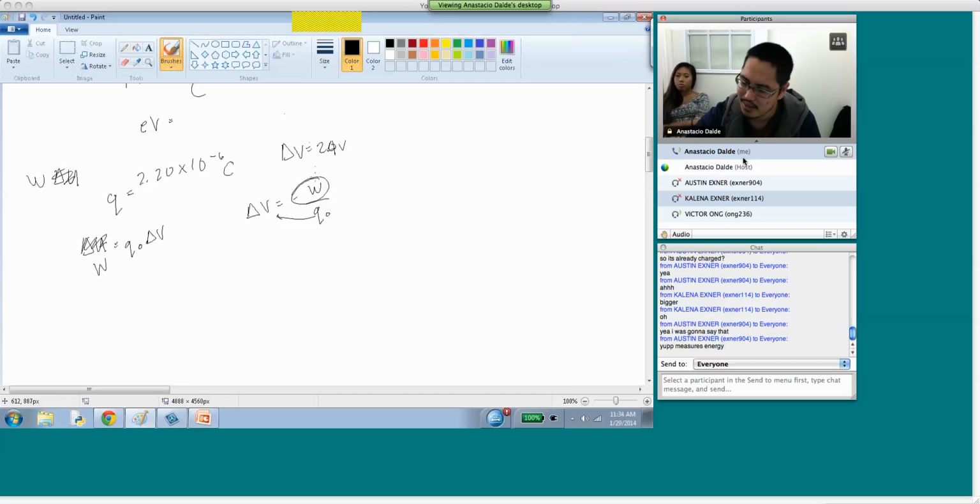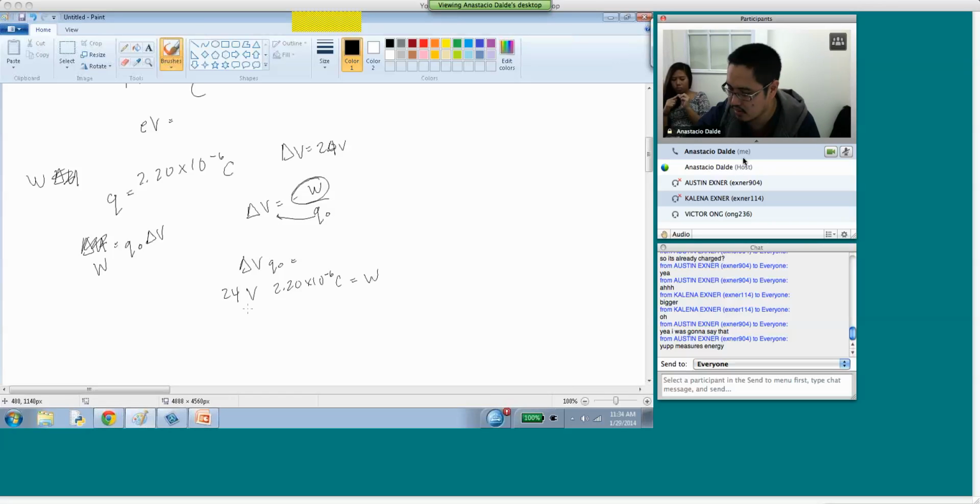All we do if we want to figure out the work this thing underwent by moving this charge across 24 volts is we just multiply these two. So I got delta V times Q naught, which is equal to 24 volts times 2.20 times 10 to the negative 6 coulombs, which is equal to my work.